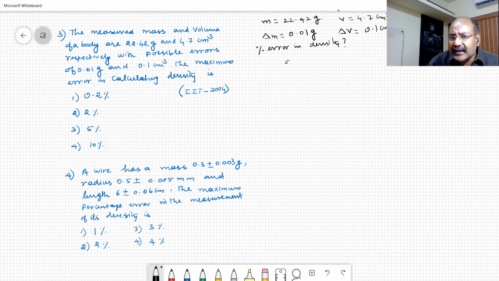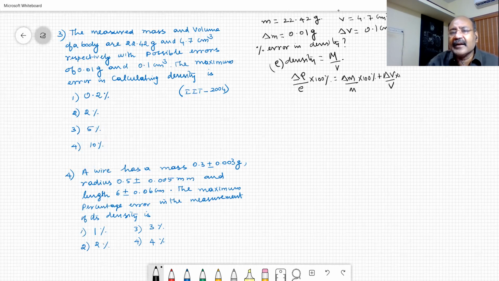See, we know that density is given by the formula mass divided by volume. If you want to calculate the change in density, density is represented by the letter rho. So I can write delta rho divided by rho into 100% is equal to delta M divided by M into 100% plus delta V divided by V into 100%.